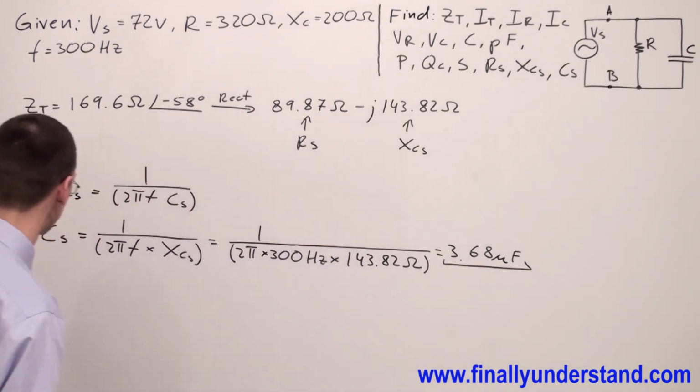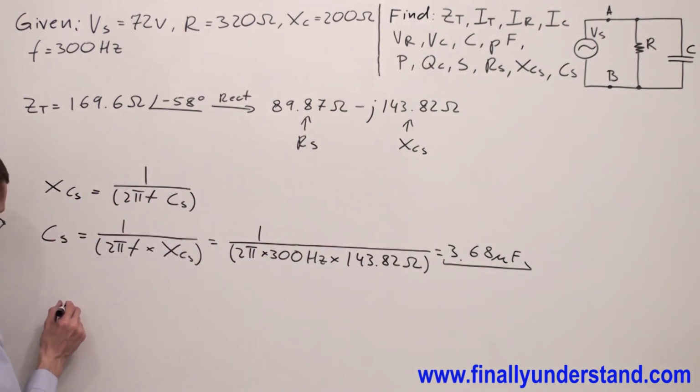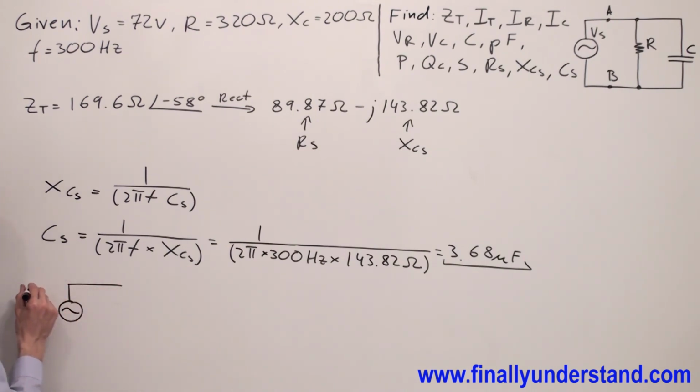Now we can draw the circuit. So I have a voltage source, which is having the voltage 72 volts, and we can also add the frequency.